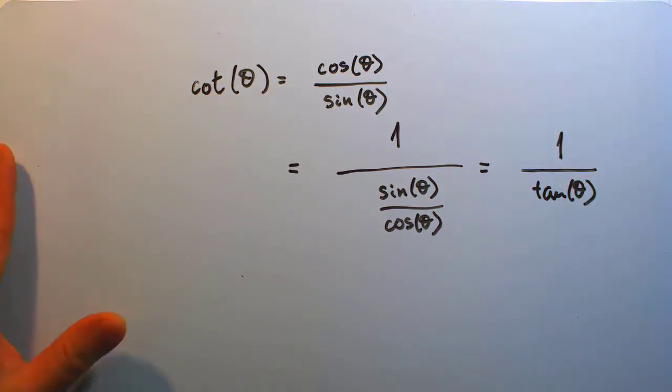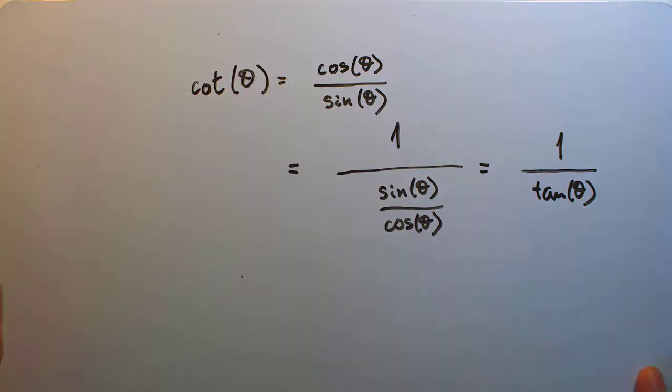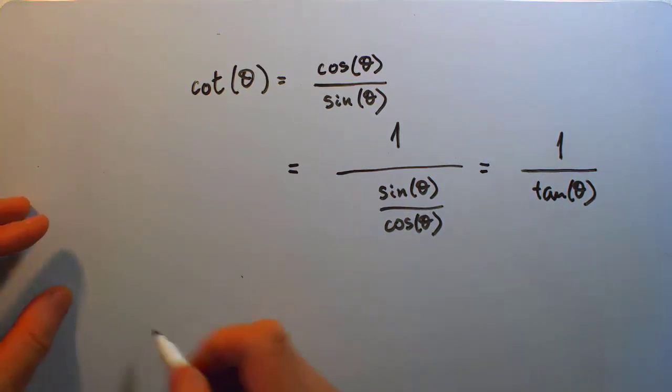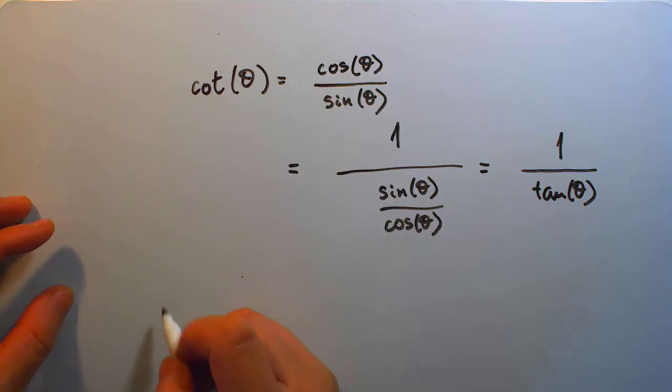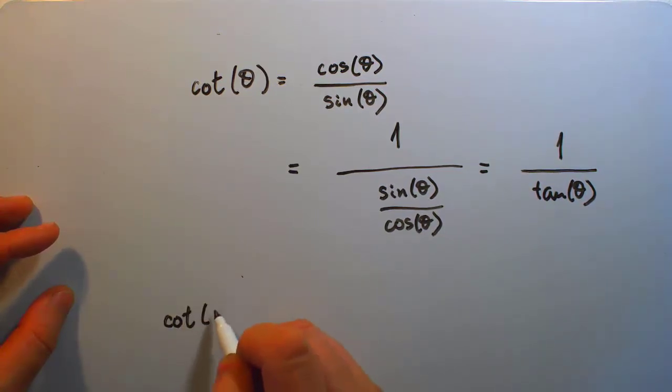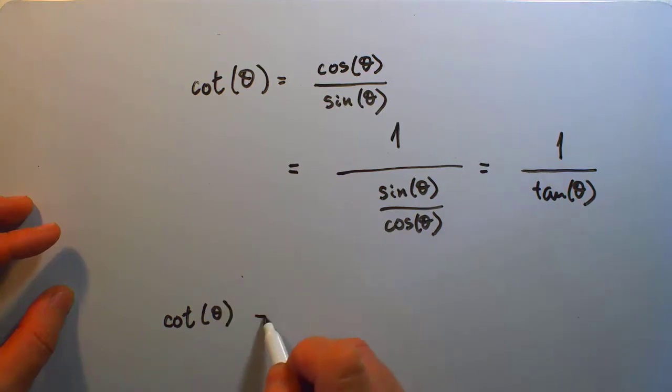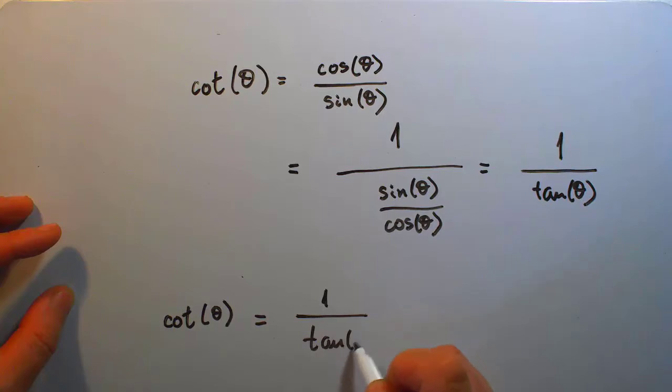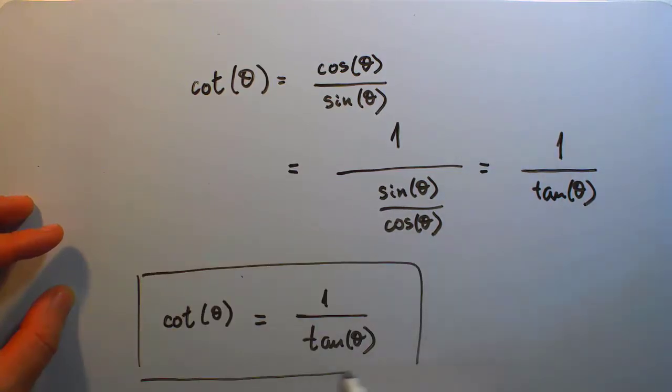It's not a big discovery, so that we can call it an identity, but it's always true. So cotangent, something worth remembering, can also be understood as 1 over tangent of theta. So it's another way worth remembering.